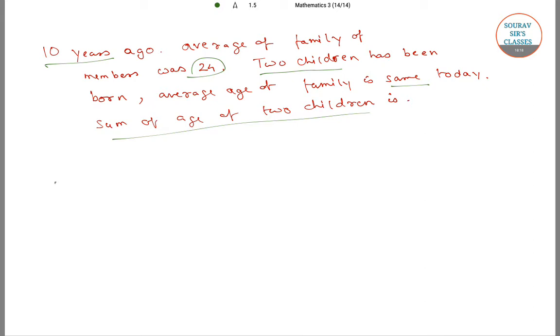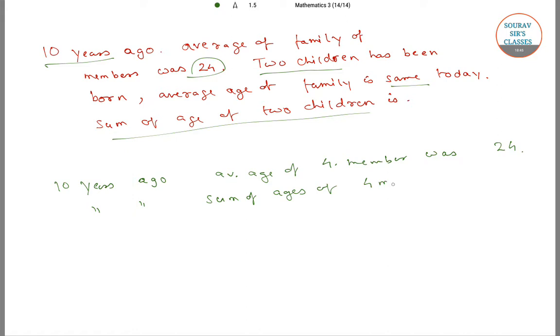Now 10 years ago average age of 4 members was 24. So 10 years ago sum of ages of 4 members was 24 into 4, which is equals to 96 years.